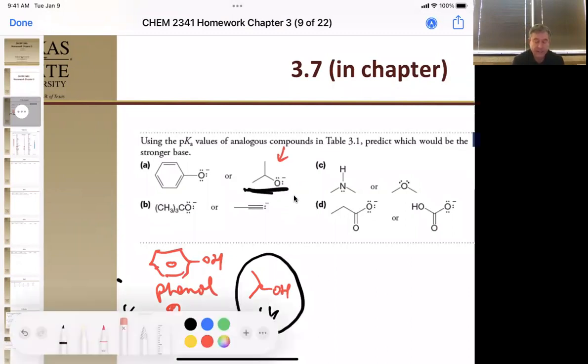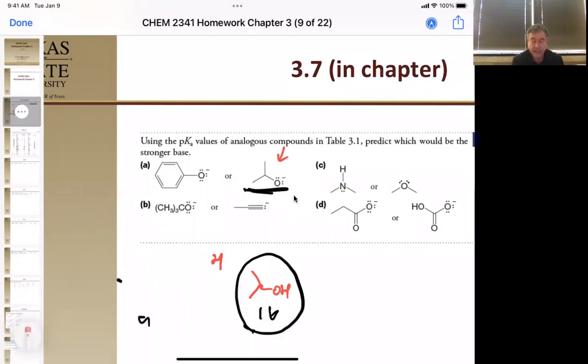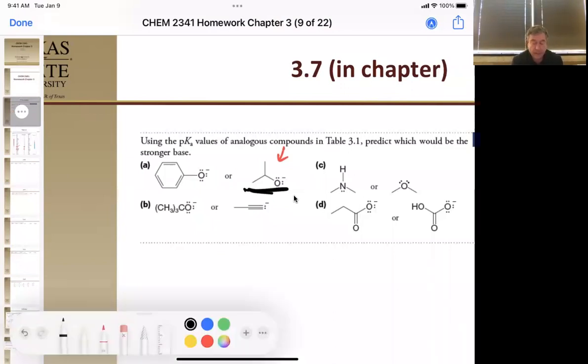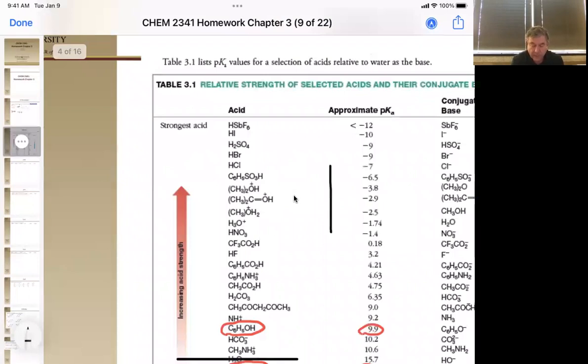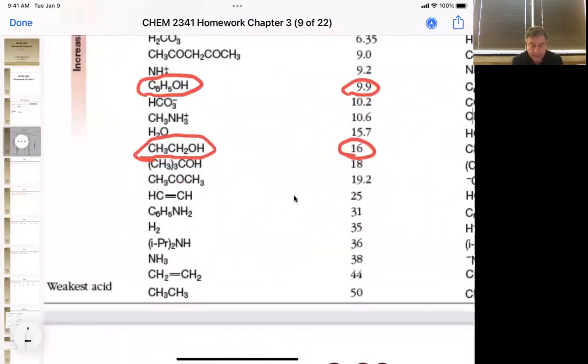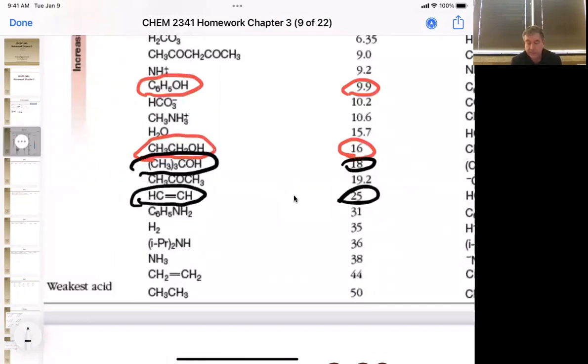All right, let's use that same argument for the next one. It is the t-butoxide versus the acetylide ion. So we need to find the pKa of this versus the pKa of this. If we go to our table, we'll see that t-butanol is 18, and acetylene is 25.